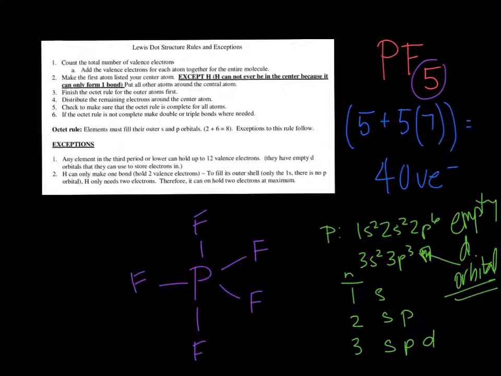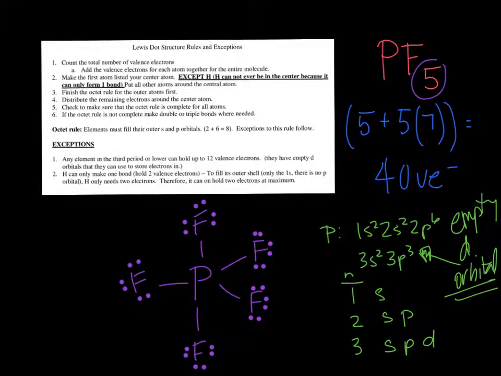Let me make this a little bigger. 12, 14, 16, 18, 20, 22, 24, 26, 28, 30, 32, 34, 36, 38, 40. And so that's all the valence electrons, and everyone's octet is complete, right? There's 8 here, there's 8 here, there's 8 here, 8, 8, and then phosphorus has 10, which is fine for phosphorus.